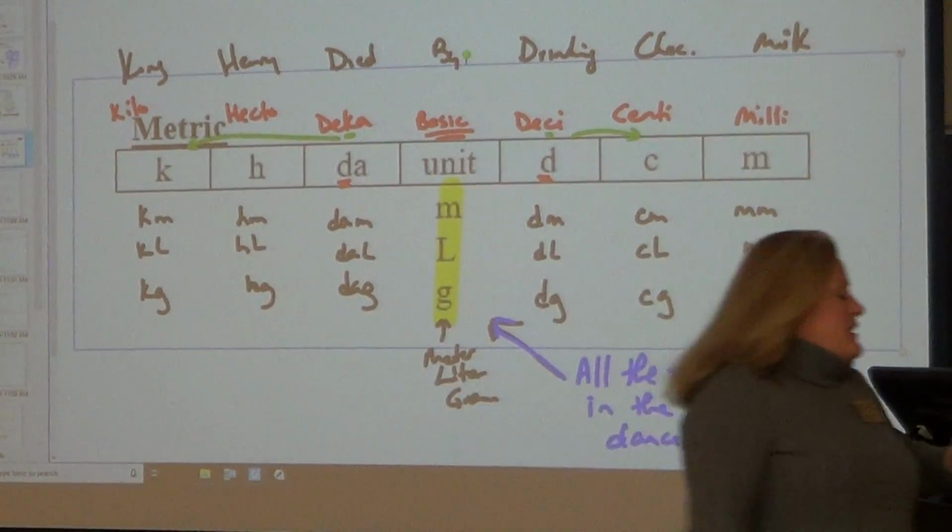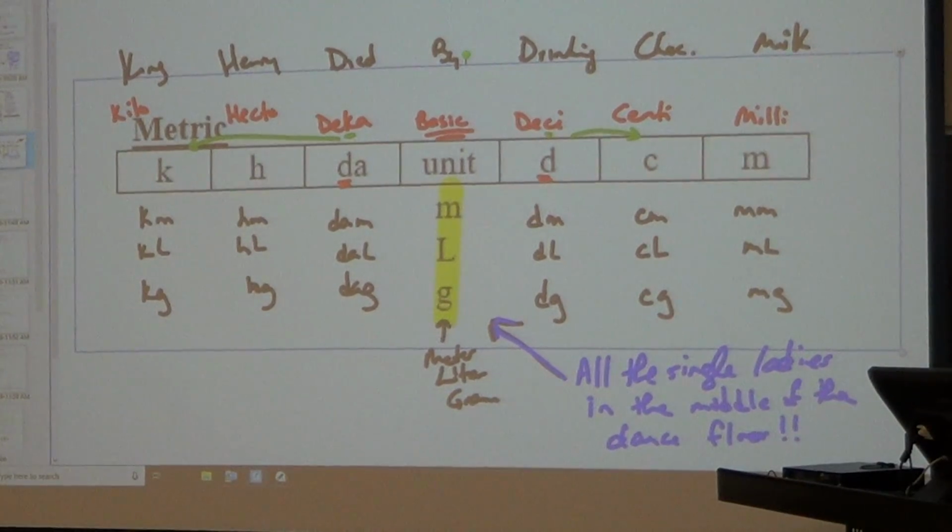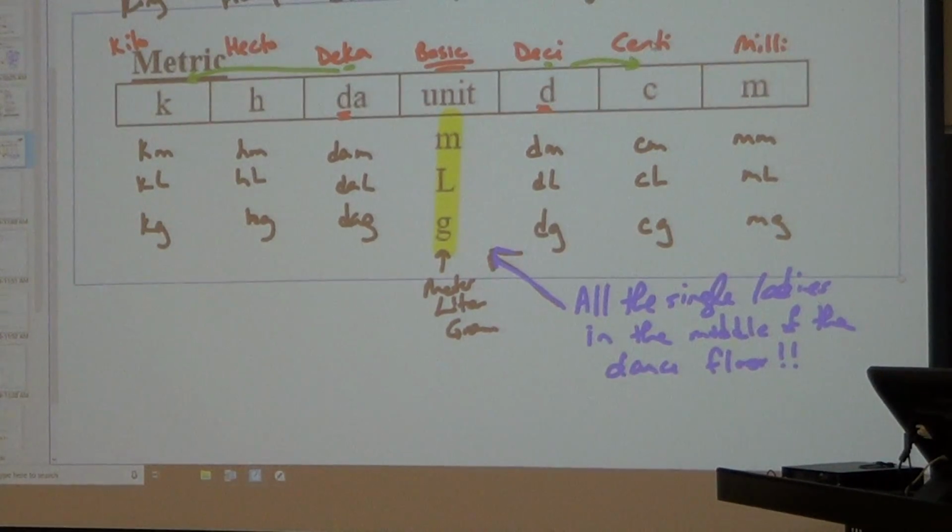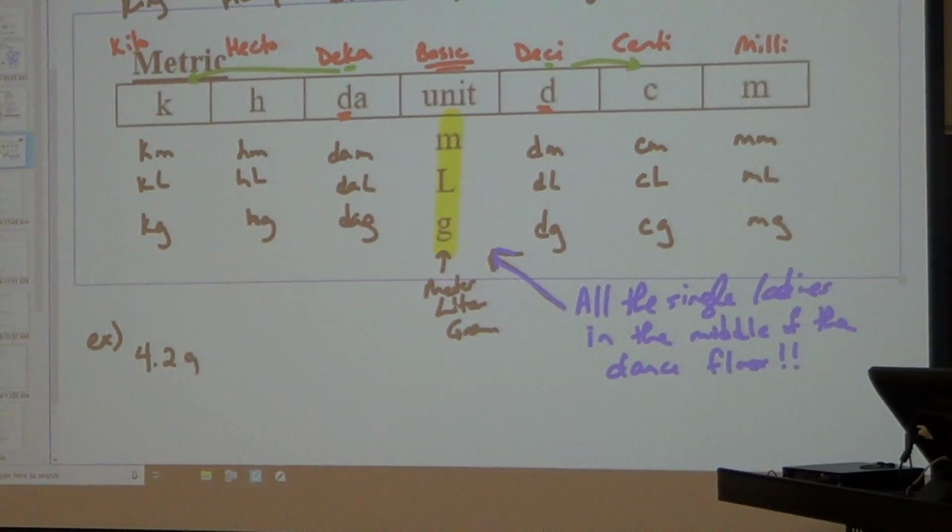Okay? Now, let's look at an example. These are so much easier than the something-somethings. If I give you 4.2 grams equals how many centigrams? We start at gram.